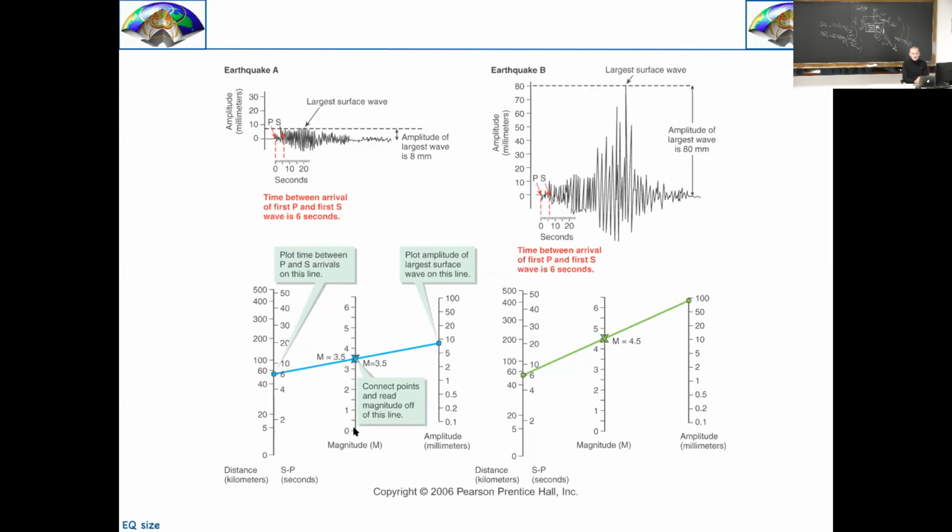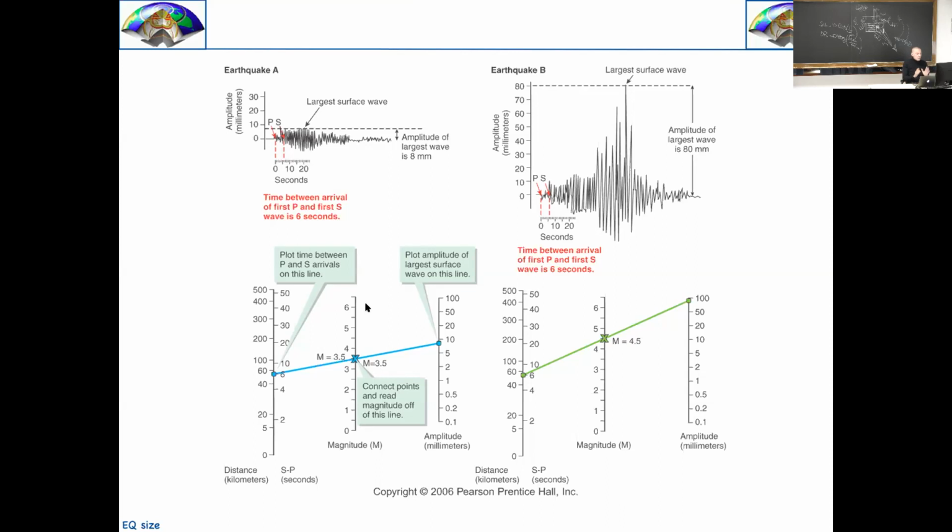Okay, this is the history of magnitude at its starting, Richter's magnitude. And since he was aware that the numbers that he was using, so actually the position of this ruler here, was tailored to a Wood-Anderson and to the geological conditions of California, he suggested the idea that this was a local magnitude.